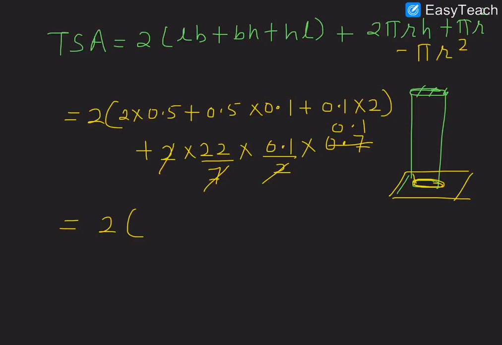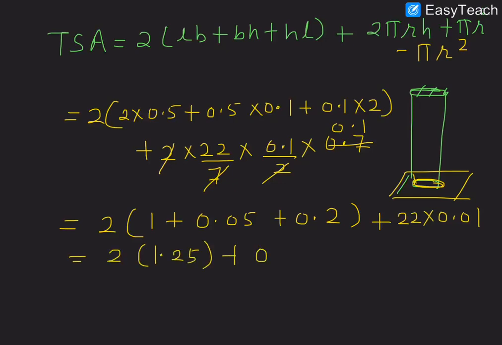Simplifying this, so 1 plus 0.05 plus 0.2 plus 22 into 0.01. Sorry, here it is 0.2, not 0.02. So this will give you 2 times of 1.25 plus 0.22, which is 2.5 plus 0.22, which comes out to be 2.72 meter square.